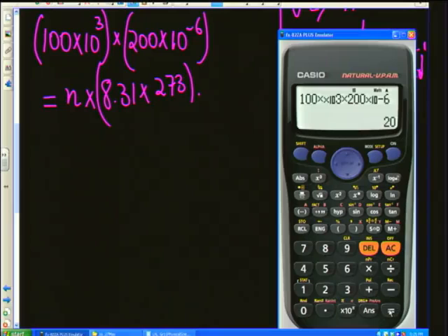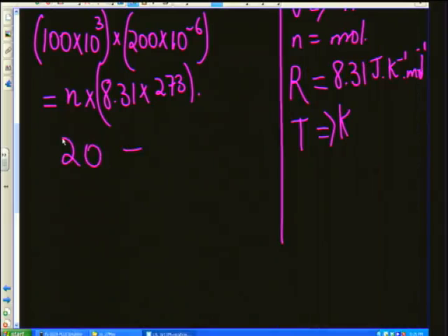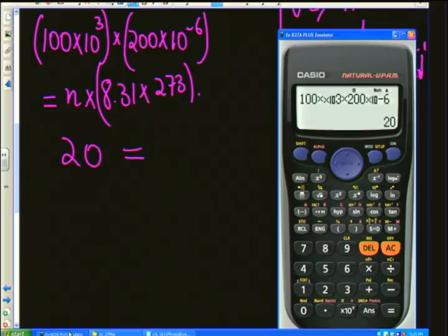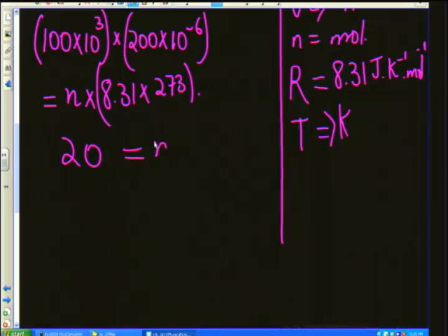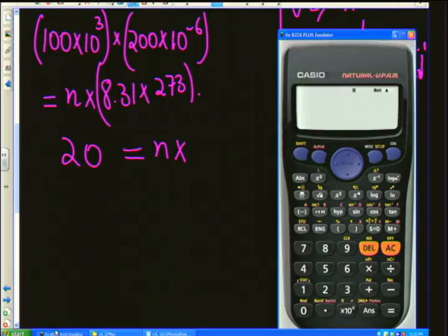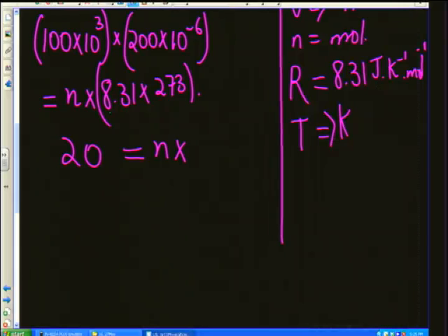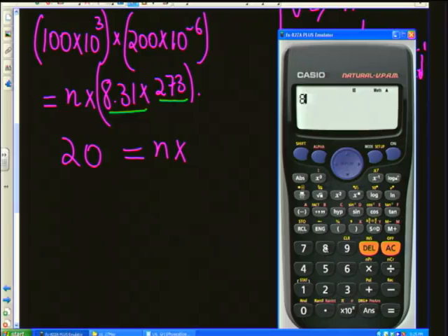Okay, what does that work out to? It works out to just 20. So all this on the left works out to 20. And the right hand side, I can simplify it. You have got n times 8.31 times 273, the Kelvin temperature. You have got 2268.63.